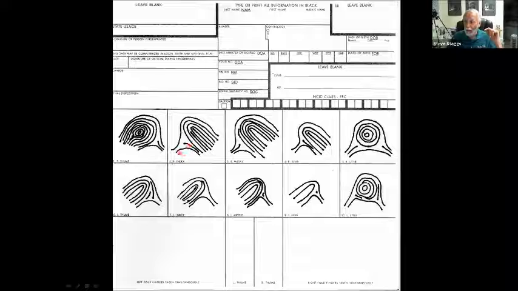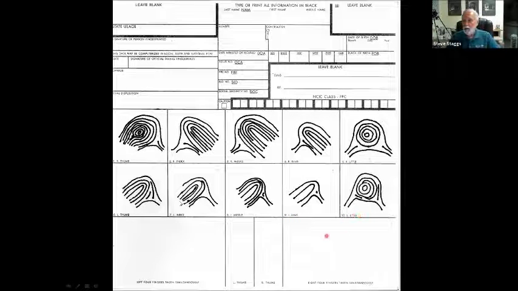And then box number 2, we call finger number 2, right index; 3, right middle; 4, right ring; 5, right little. Then you go to the next row, and that's the left hand. So number 6 is the left thumb, number 7, left index, 8, left middle, 9, left ring, and 10, left little.